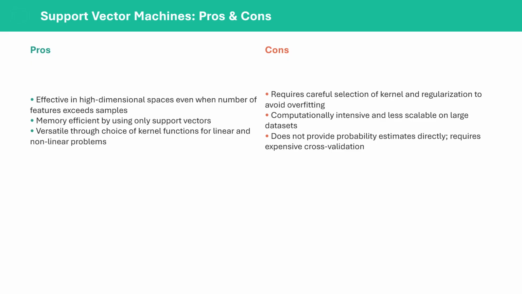And third, it does not naturally provide probability estimates. It tells you class membership, not probability confidence, unless additional calibration is performed. So, in conclusion, support vector machine is powerful, but it demands respect.